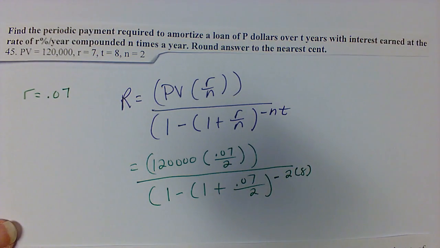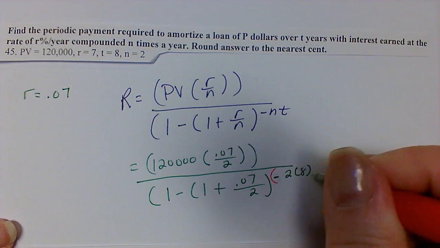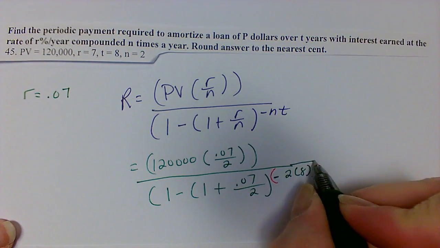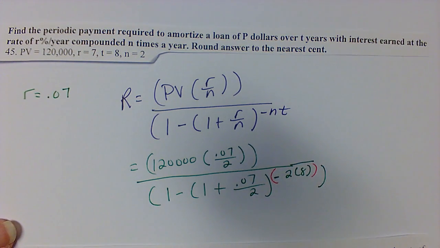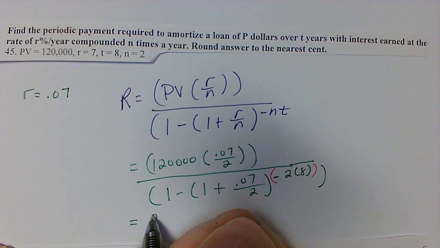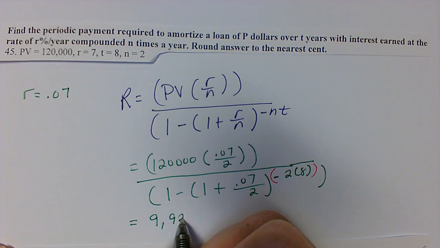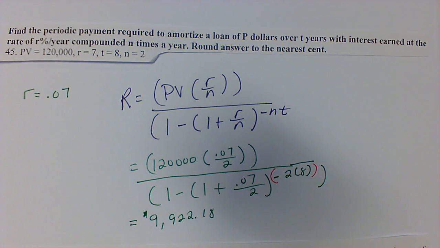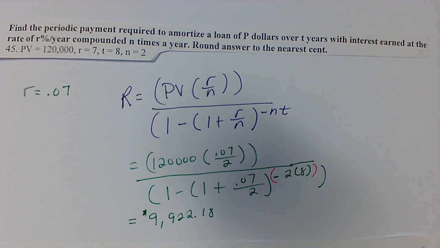And remember, if you're using a TI-83 or 84 calculator, you need to put that entire portion into parentheses. And when you plug that in, you should get $9,922.18. So that would be the amount of the payment that you need to make twice a year.